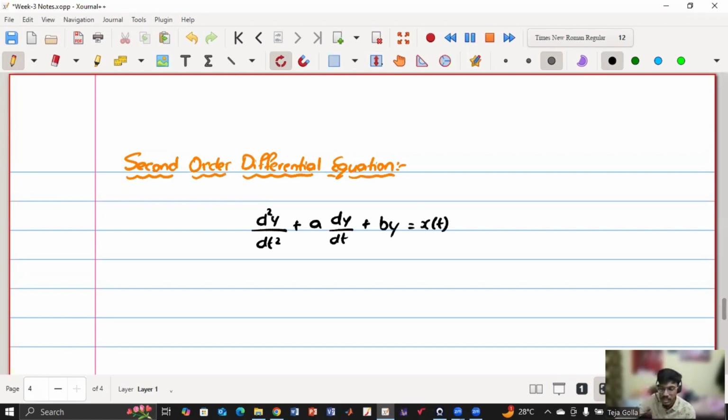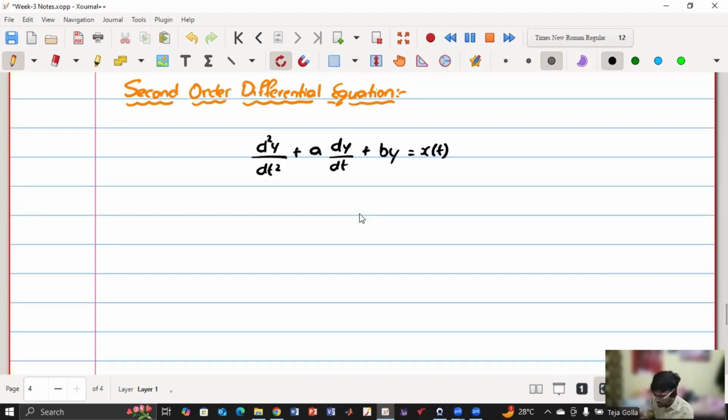We define an operator D equal to d by dt. So the expression can be simplified as (D square plus aD plus b) of y equals x of t.